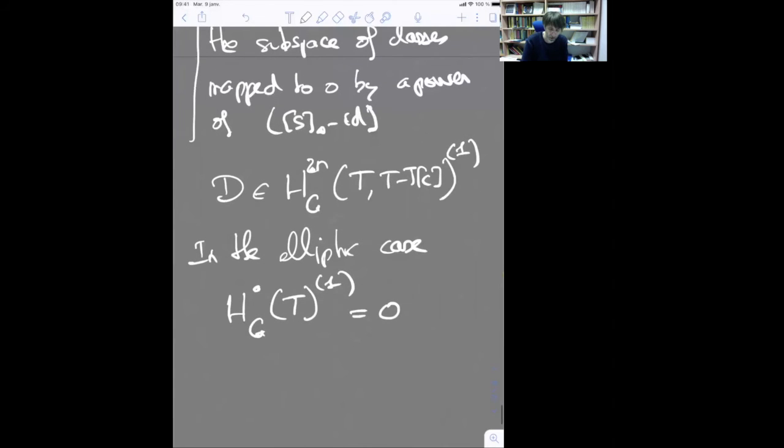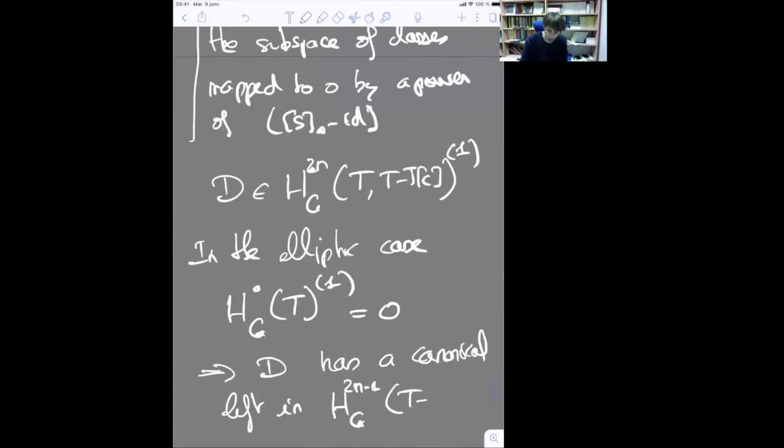So in the elliptic case, D has a canonical lift in this group. So there is a way to lift canonically the class to this equivariant group.